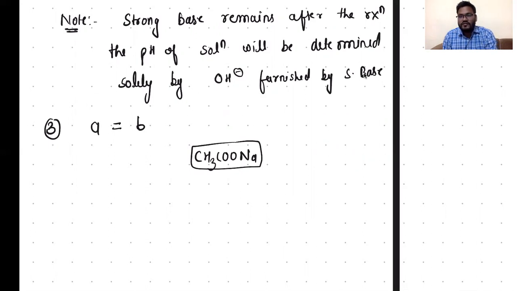And it is a case of salt hydrolysis. If we want to determine the pH of a solution containing a salt like CH3COONa, we need to apply the concept of salt hydrolysis, which we will deal with in salt hydrolysis.